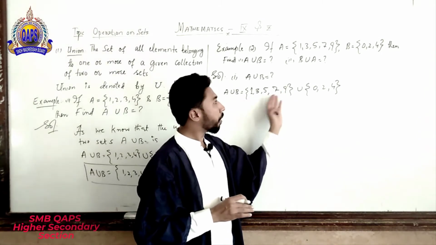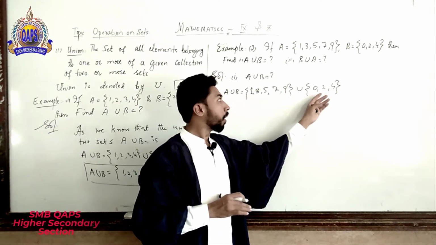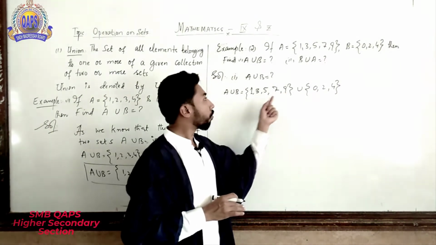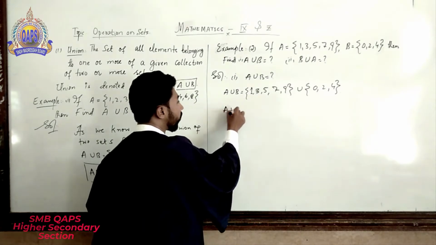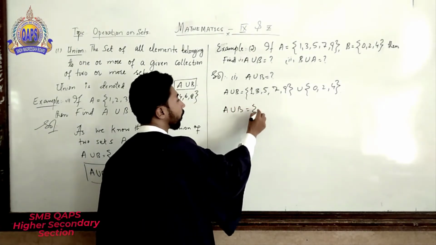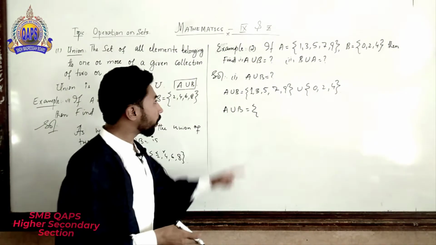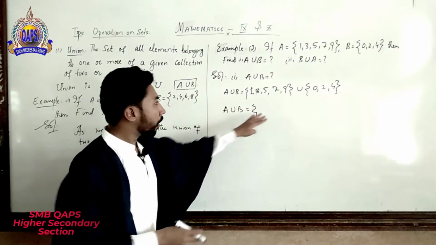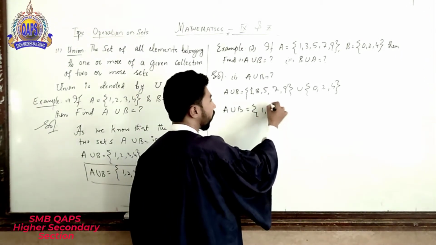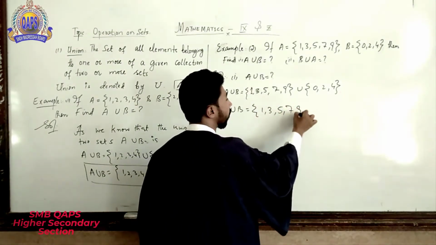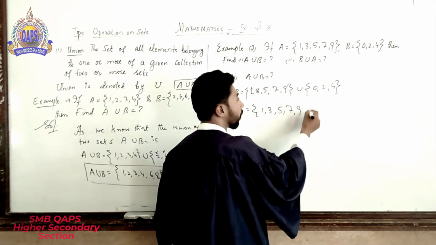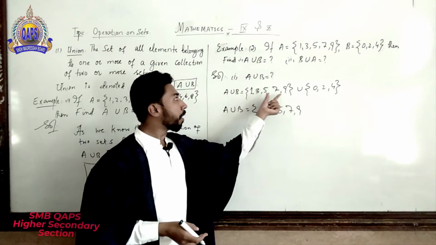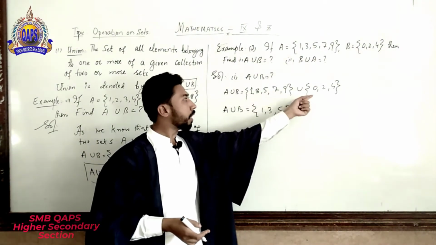No element of set A belongs to set B. So for the union of two sets, first we write all elements of set A in the form of a set, and if an element of set B belongs to A, then we leave it.